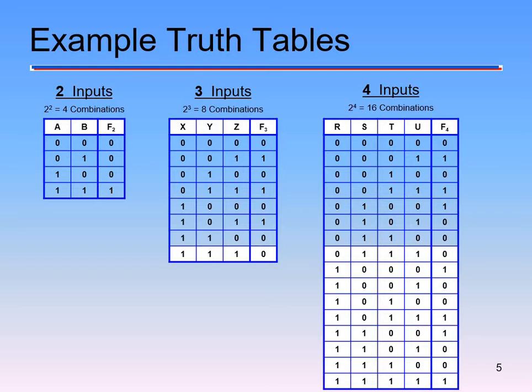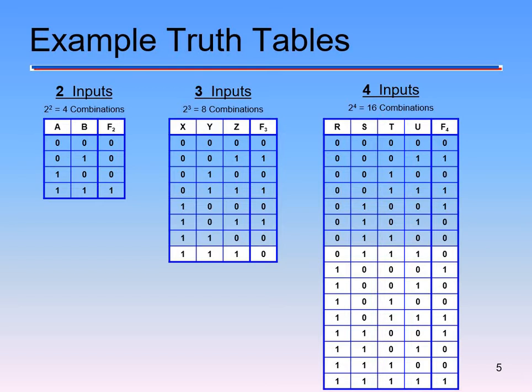Notice, compare the tables and compare the inputs. The original pattern of the 2-input table, A and B, gets repeated. 0 0, 0 1, 1 0, 1 1 is always getting repeated. All we do is increment what goes in front of it with a 0 and a 1. So going from the 2-input to the 3-input table, we added the 2-input table with a 0 in front and the 2-input table with a 1 in front.